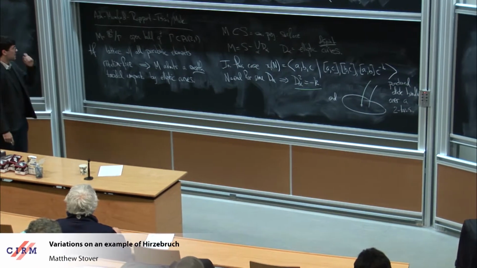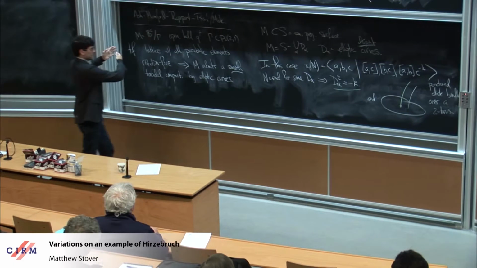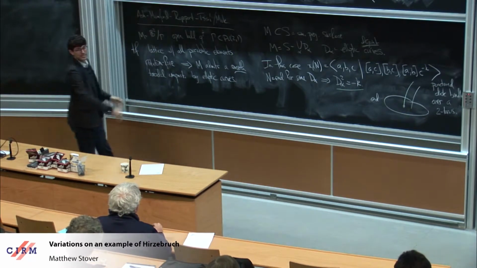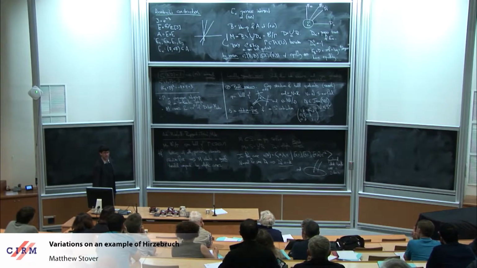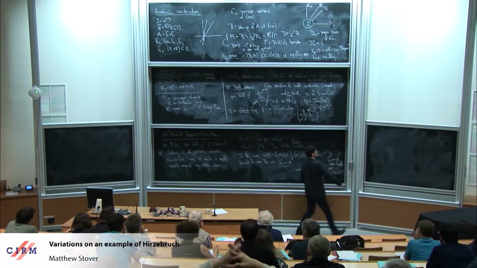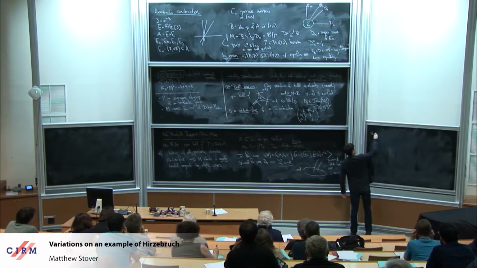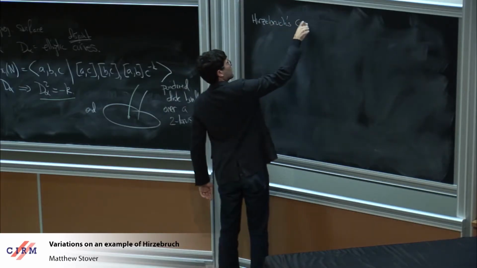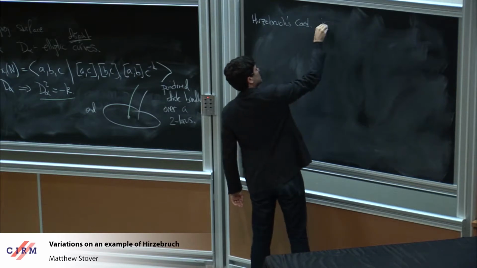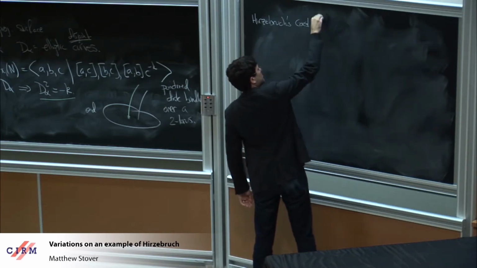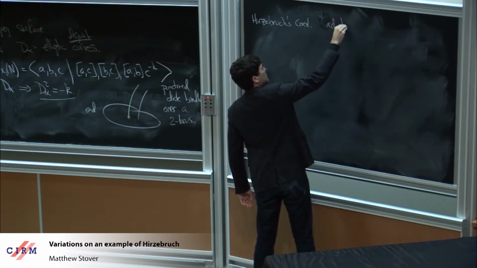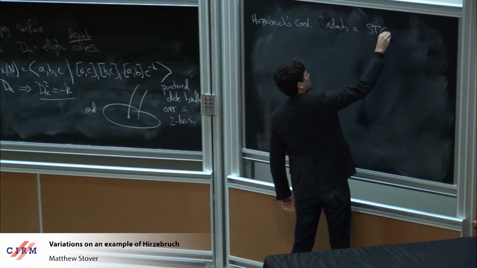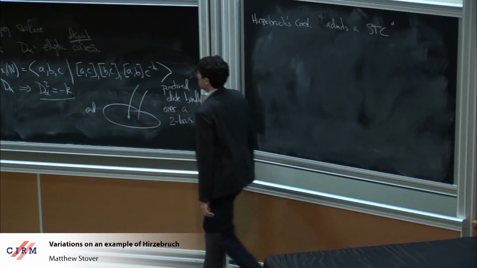Okay? So in particular, you apply this construction to Hirzebruch's example and you do exactly what I did on the top board. Okay? So Hirzebruch's construction admits a smooth toroidal compactification, okay?